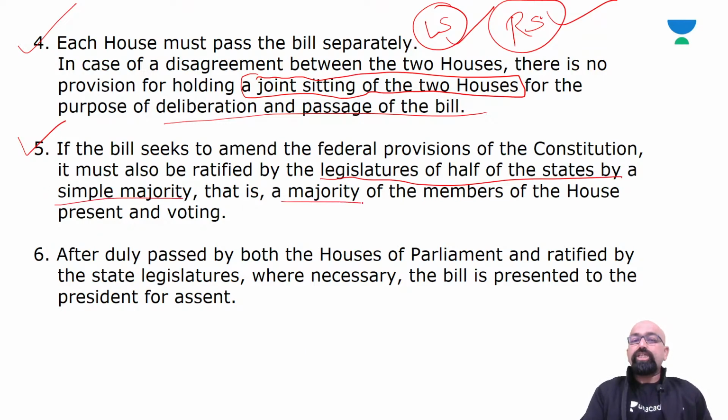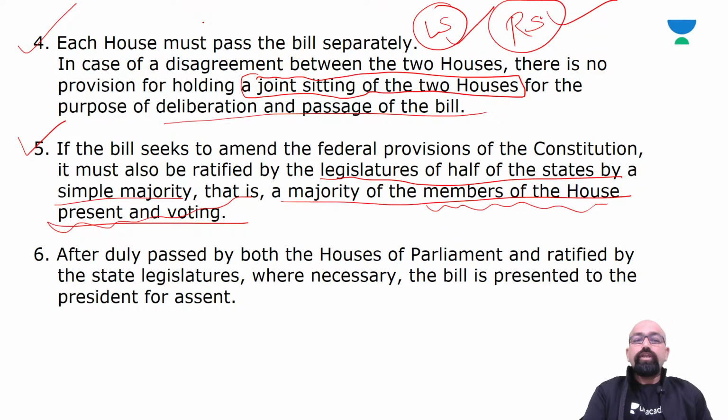That is a majority of the members of the house present and voting. So in this clause they mention a majority of the members of the house present and voting, along with being ratified by the legislature of half of the states by a simple majority.